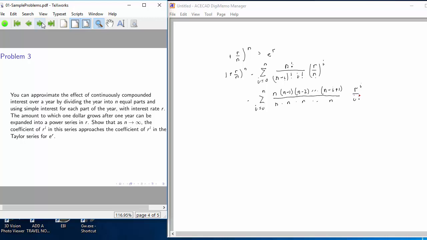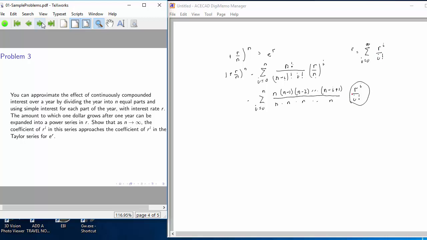Now, I trust you recall that e to the r has the Taylor series expansion, sum from i equals 0 to infinity of r to the i over i factorial. That's sitting here. What about this other factor?